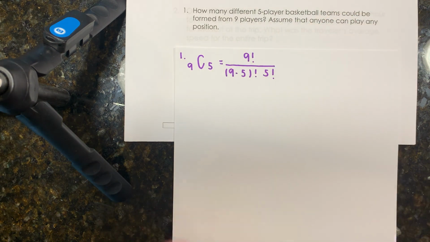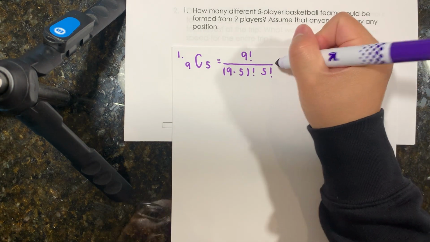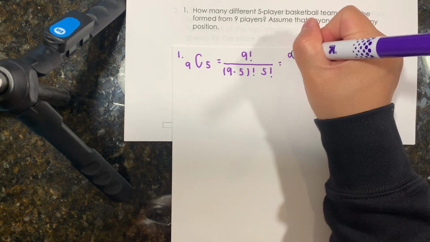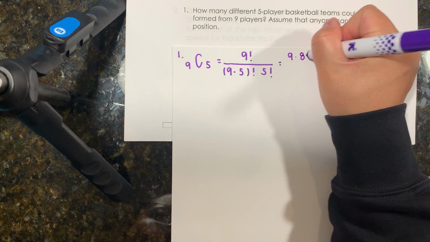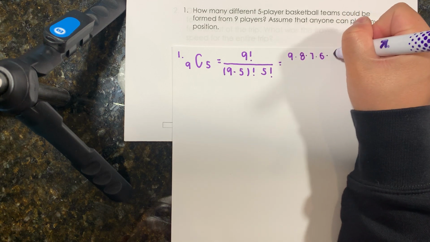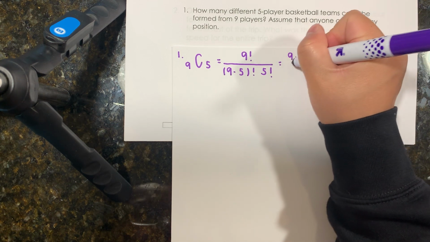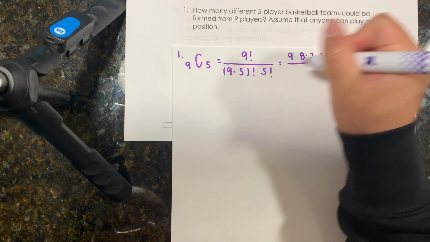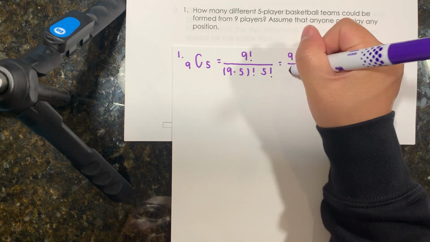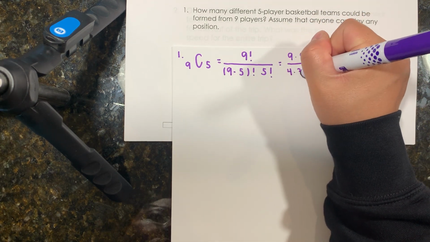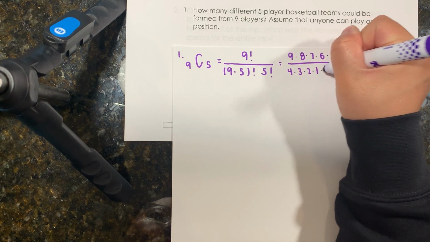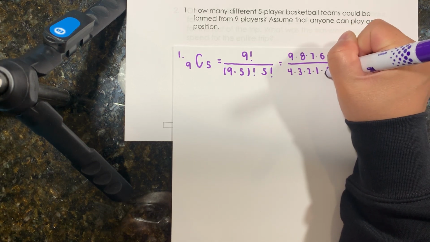So it's n factorial over n minus r factorial times r factorial, and that would be 9, 8, 7, 6, and then 5 factorial. And then this would be 4 factorial, so that would be 4, 3, 2, 1, and then 5 factorial.